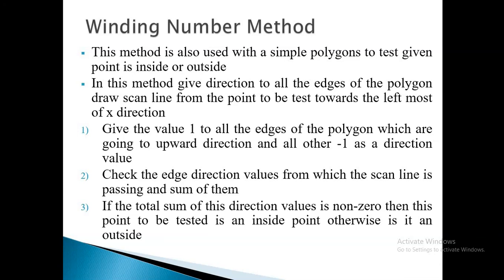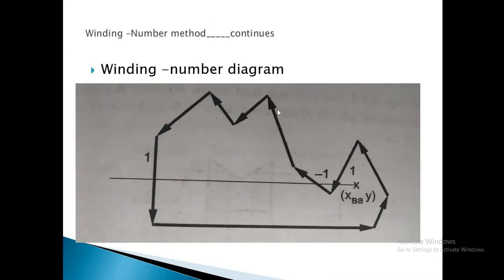Here is a figure of the winding number diagram. In this, we first draw a scan line, and the scan line is drawn outward from our point. So here is the point, and we draw the scan line outside of the polygon.